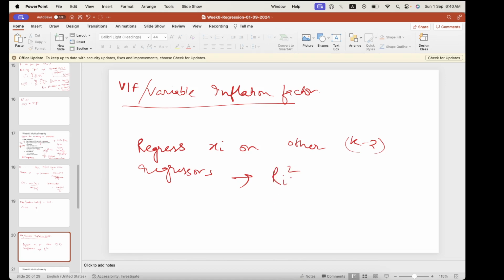Ri square is the coefficient of determination. And then VIF I is 1 by 1 minus Ri square.